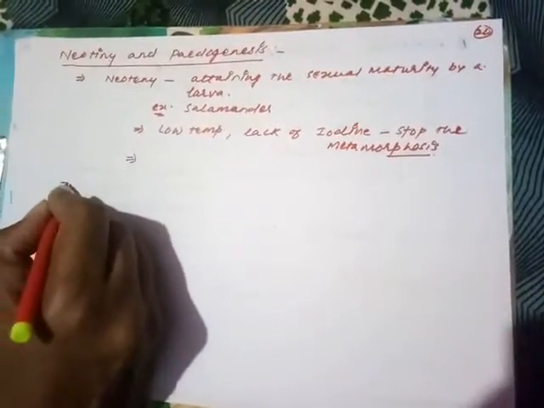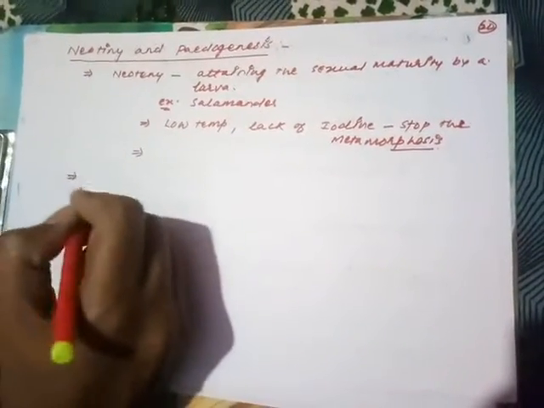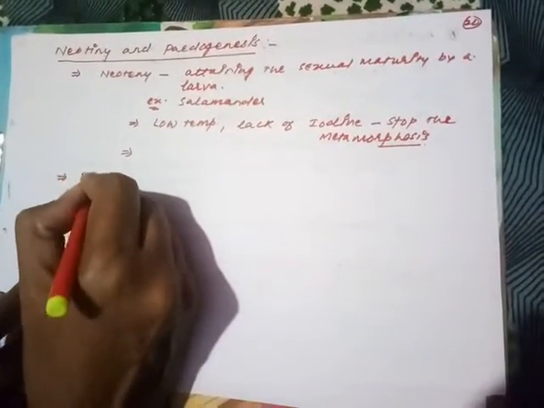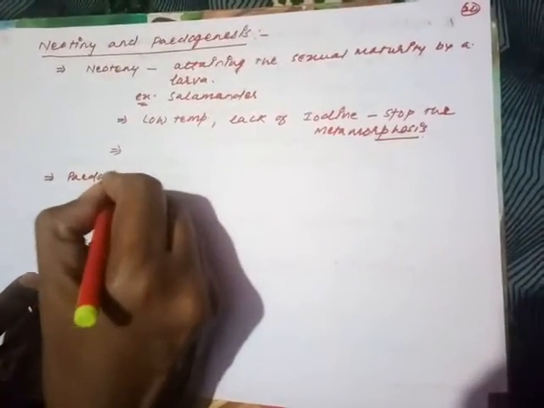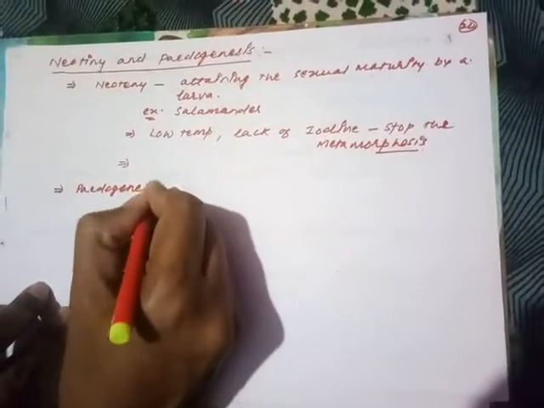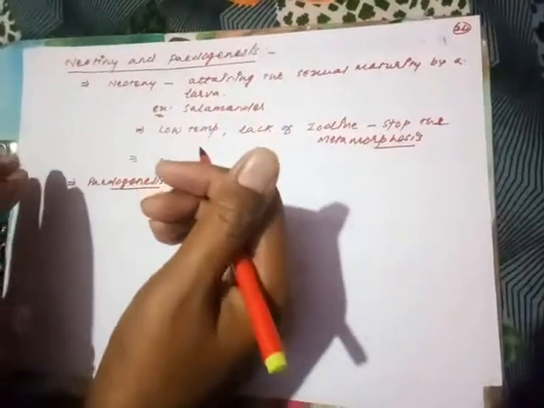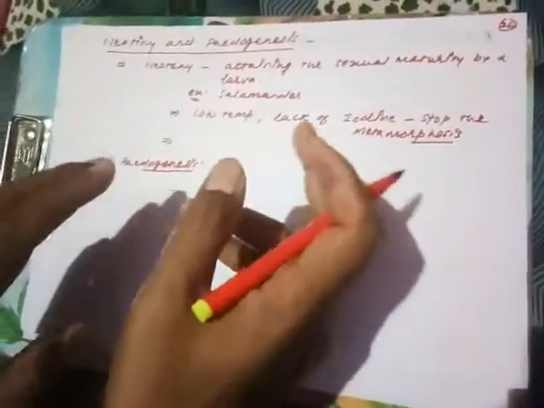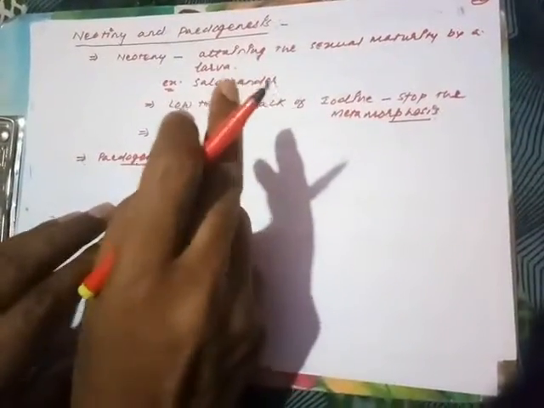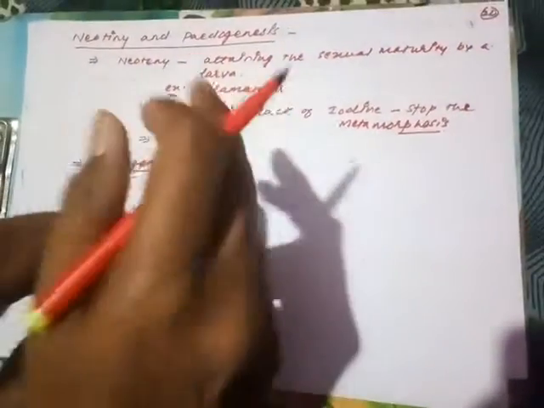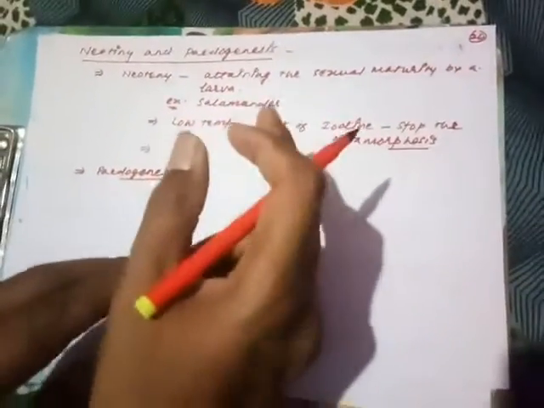Now next, the term related to this one, pedogenesis. Nothing different from it, only the mode of explanation is different. Neoteny is attaining the sexual maturity by a larva, but pedogenesis is sexual reproduction performed by a larva.